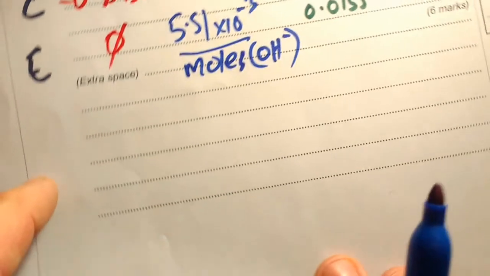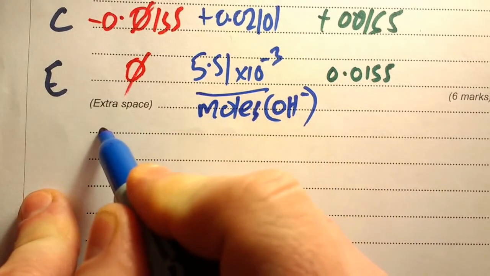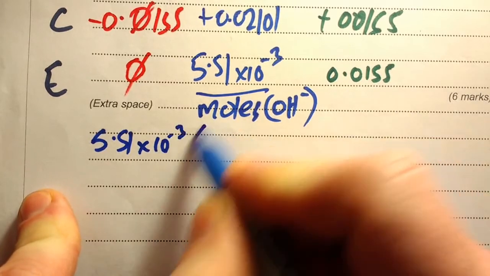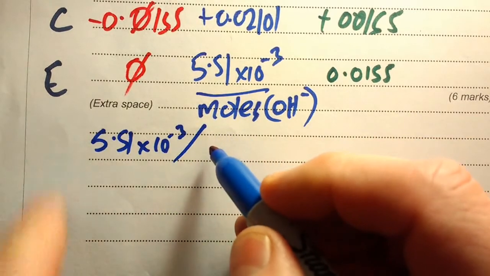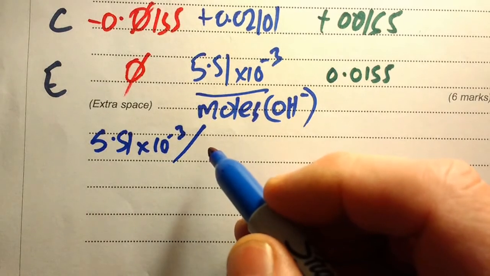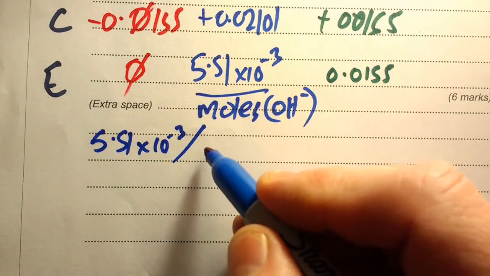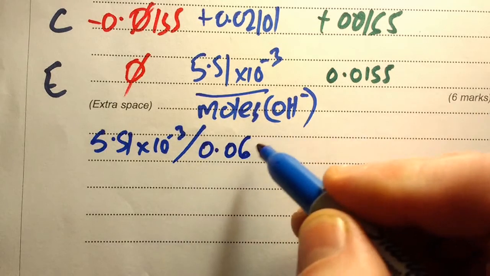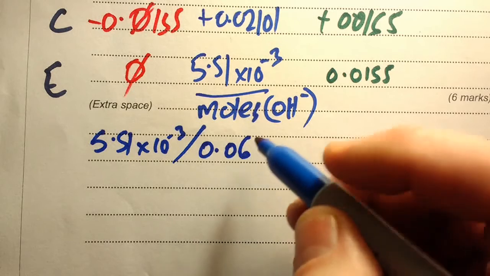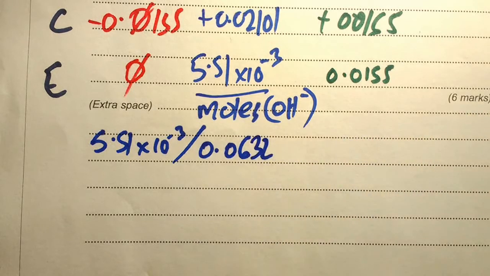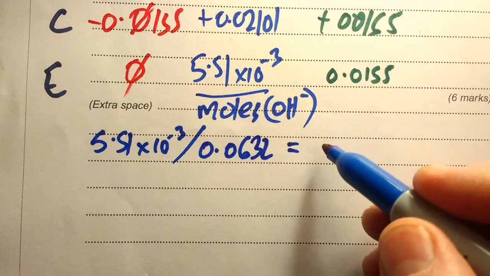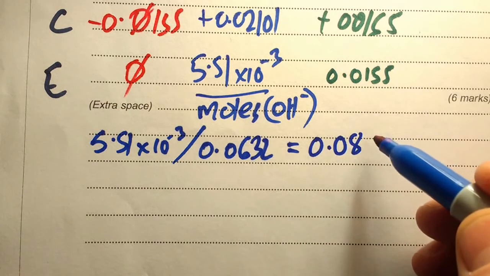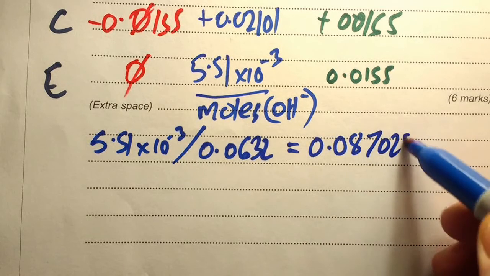So the concentration of the OH minus is 5.51 times 10 to the minus 3 divided by the 25 cc's and the 38.2, which would give us 0.0632 decimeters cubed. So that would give us our concentration for the OH minus ions of 0.087025.